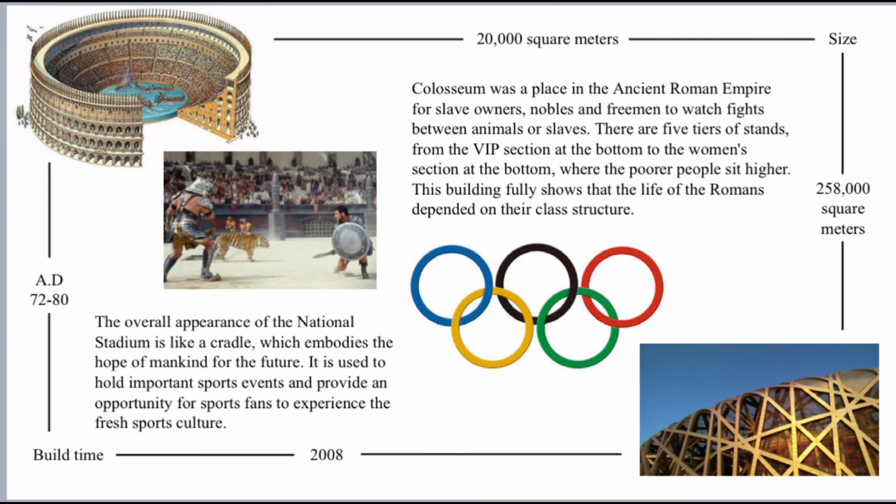So let's talk about the culture. Compared with buildings before 1700, we chose the Colosseum, which was built in 72 to 80 AD, while the Beijing National Stadium was built in 2008. So why this comparison?